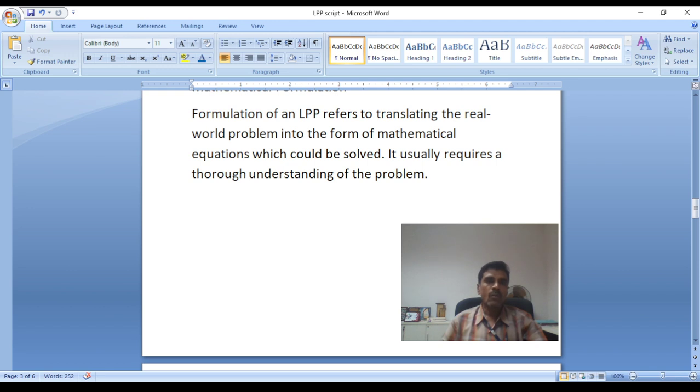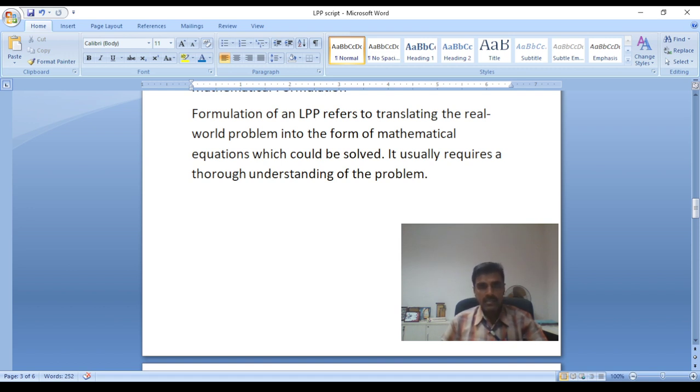If there are more than two decision variables, we can go for the simplex method. Other than the simplex method, we also have the big M method. So there are three different methods, graphical method, simplex method, and big M method, to solve a problem. But before solving, we have to formulate an LPP. Only then can it be solved properly.